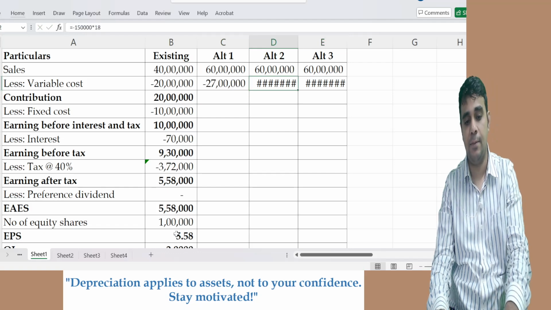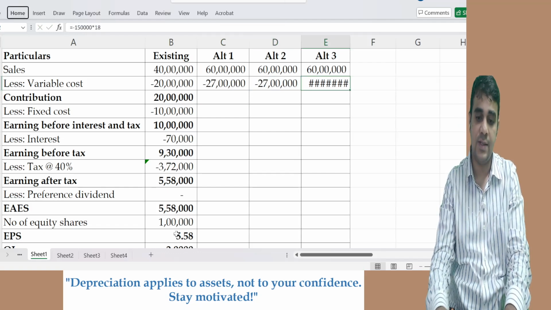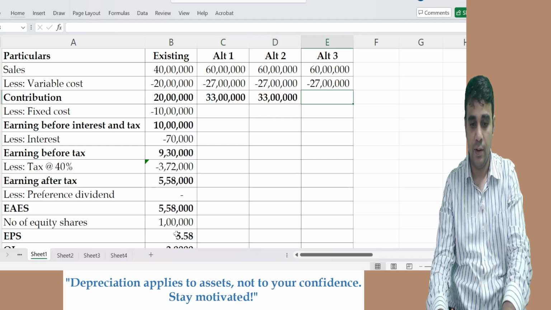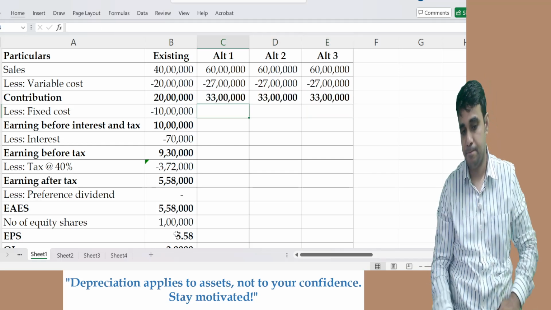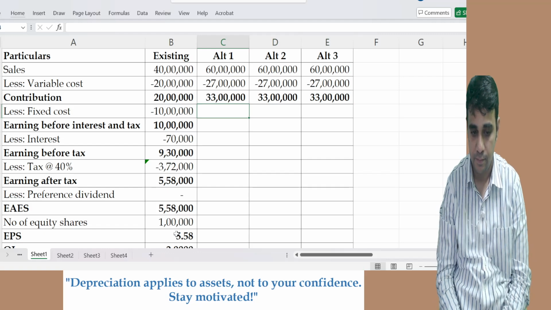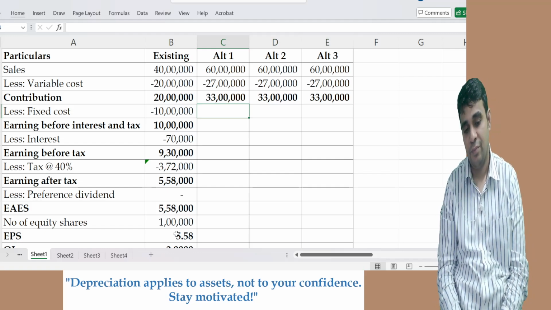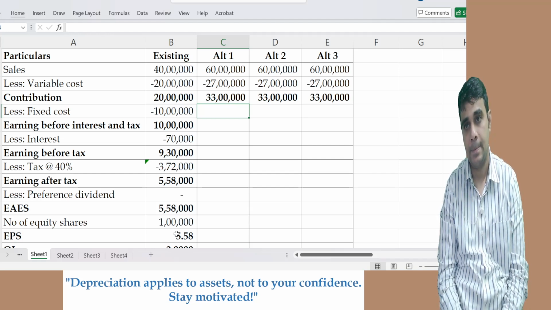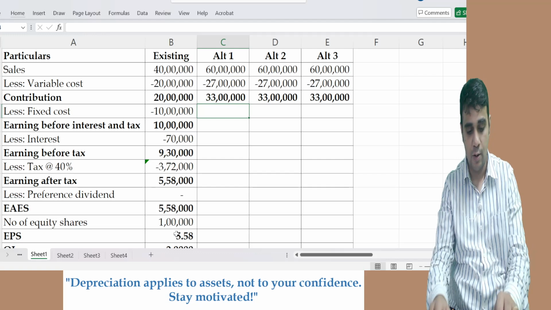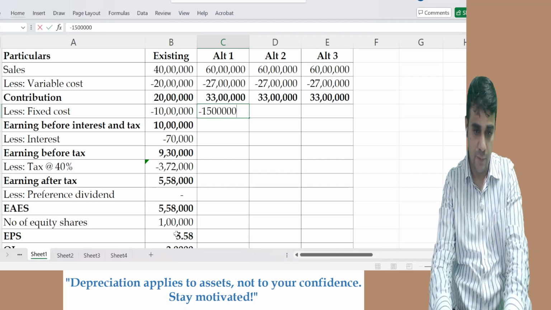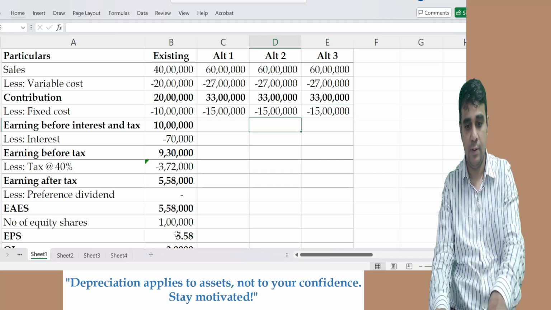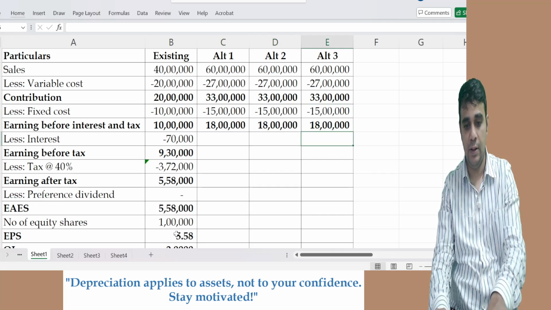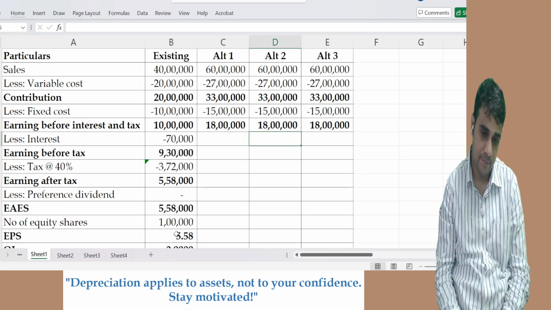Indirectly there is an increase in variable cost. What was the earlier fixed cost? Extra how much? 15 lakh. EBIT 18.